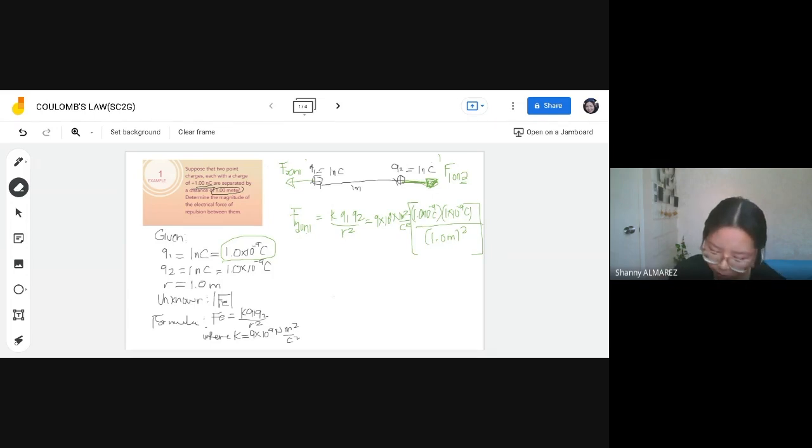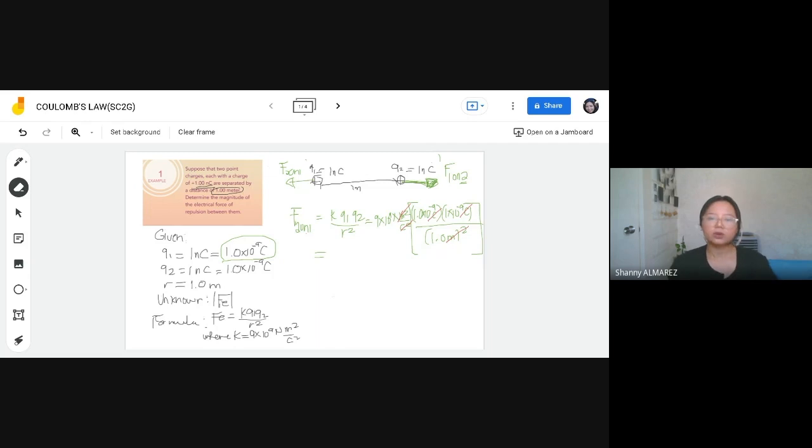So let's continue. So from this particular equation, let's now simplify. Sa tingin nyo, ano ba ang appropriate unit for force? It should be Newton, tama. So paano kami yan magiging Newton? So from here, we have 9 times 10 raised to 9 Newton meter square. Yung meter square, manggagaling siya dito. Okay? So canceled. Yung square, meters. Next is the square of the Coulomb. Yung square naman ng Coulomb, galing siya dito.